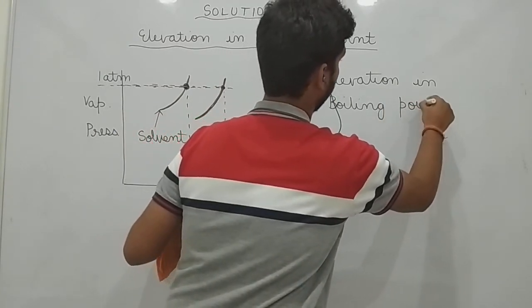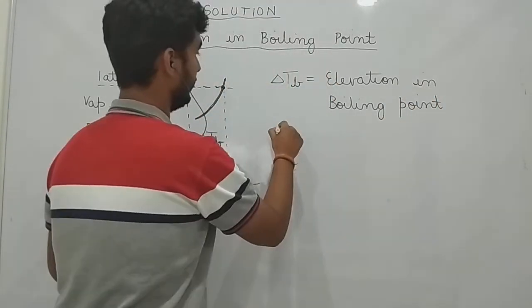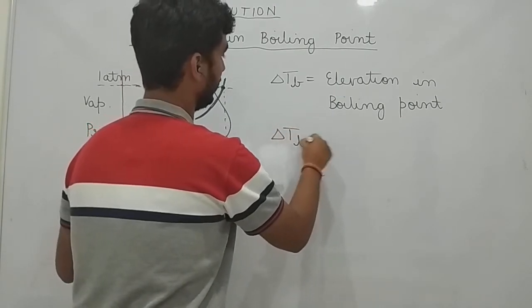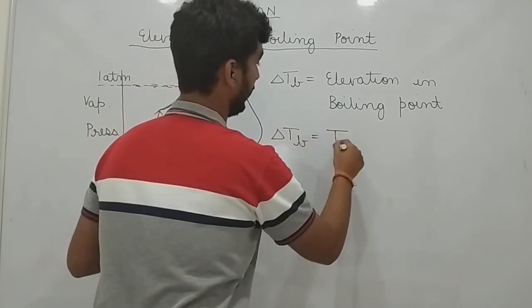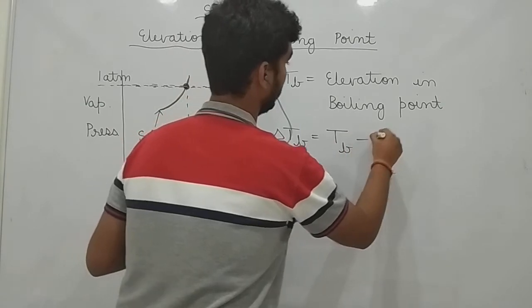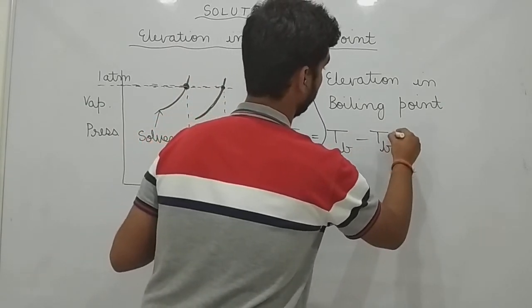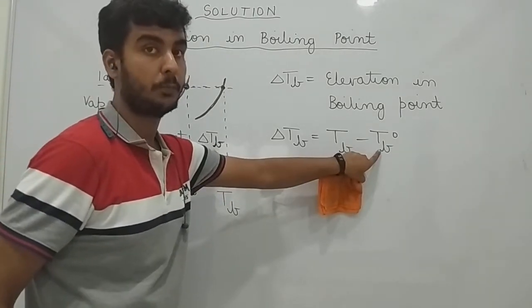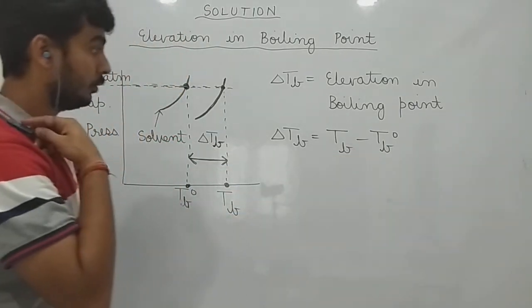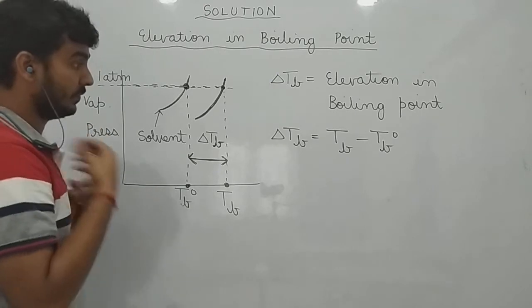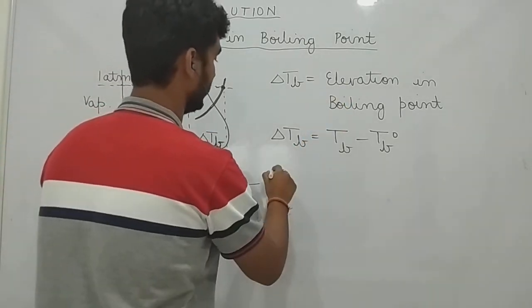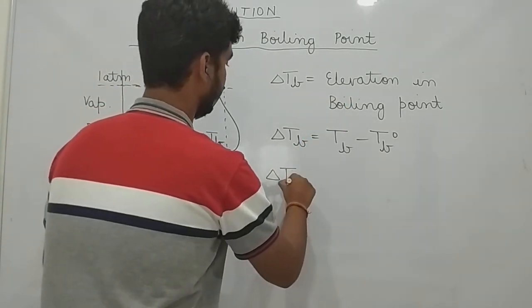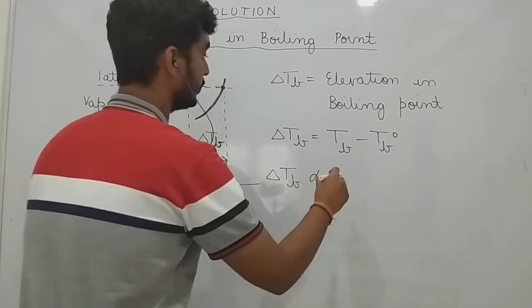Elevation in boiling point, ΔTb, will be equal to what? Boiling point of solution minus boiling point of pure solvent. Now this ΔTb, the elevation in boiling point, is directly proportional to what?